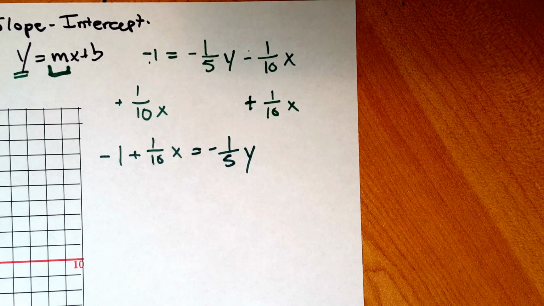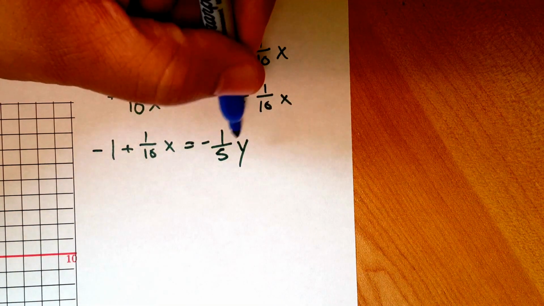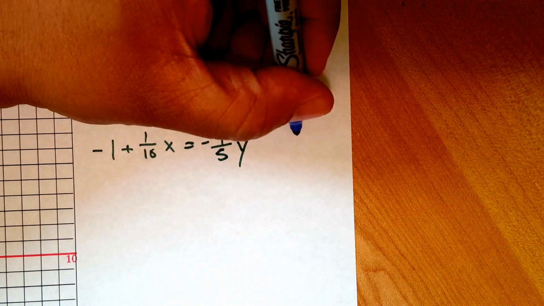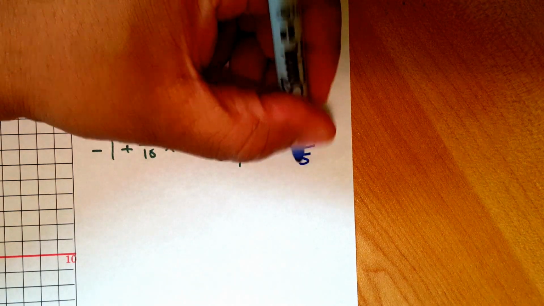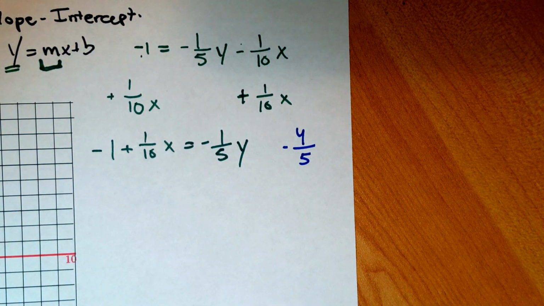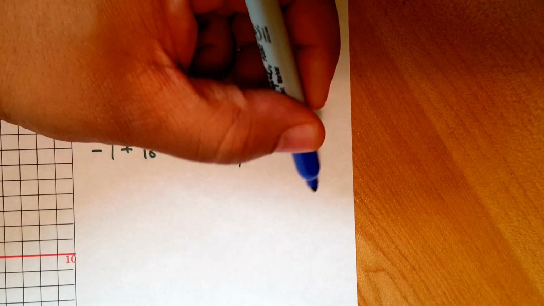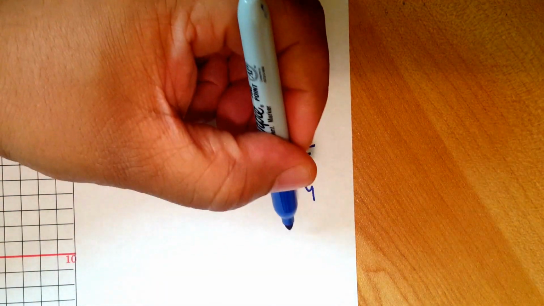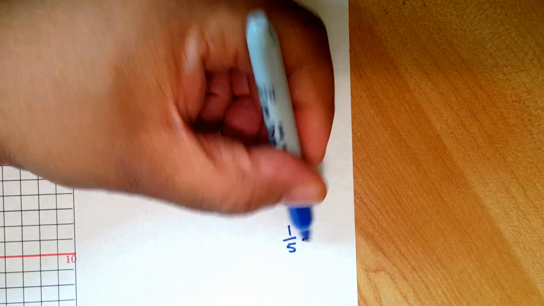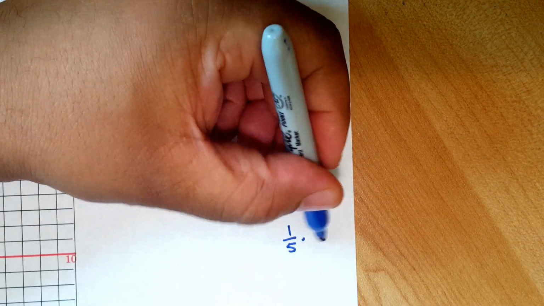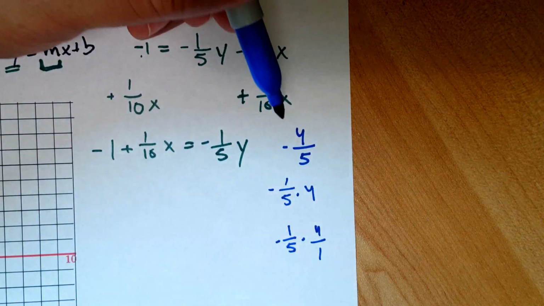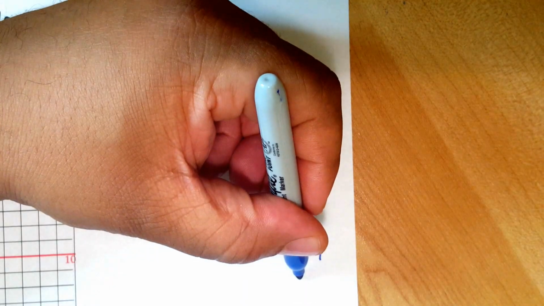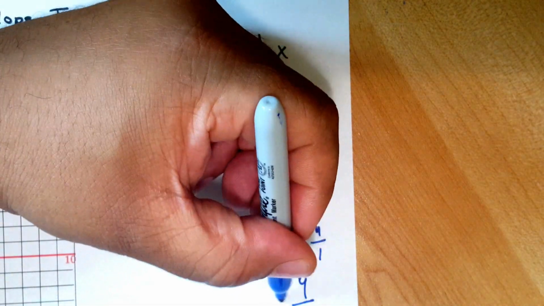One of the things that we talked about during a brief discussion in class was how we can rewrite this as negative y over 5. And we can do that because negative 1/5 y is the same as saying negative 1/5 times y over 1. And so when we multiply, we end up with y over 5.